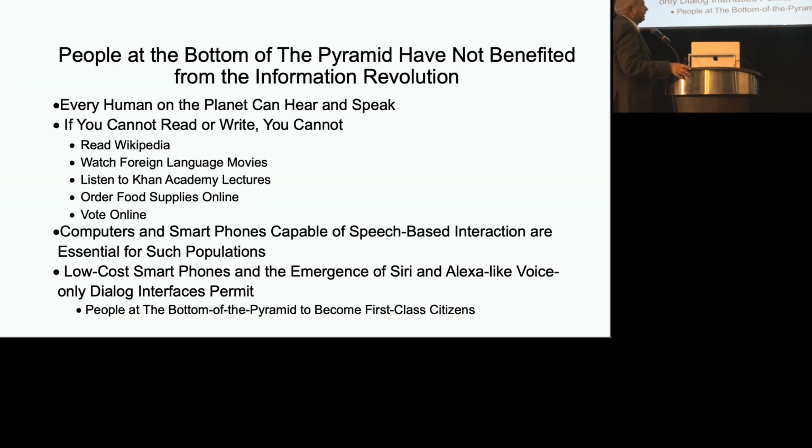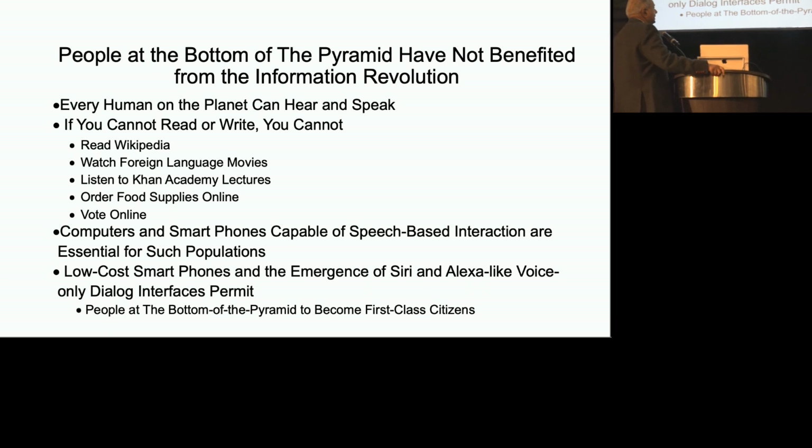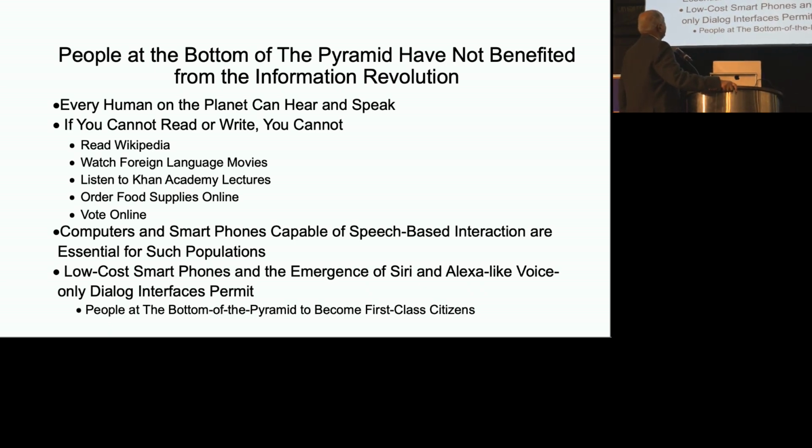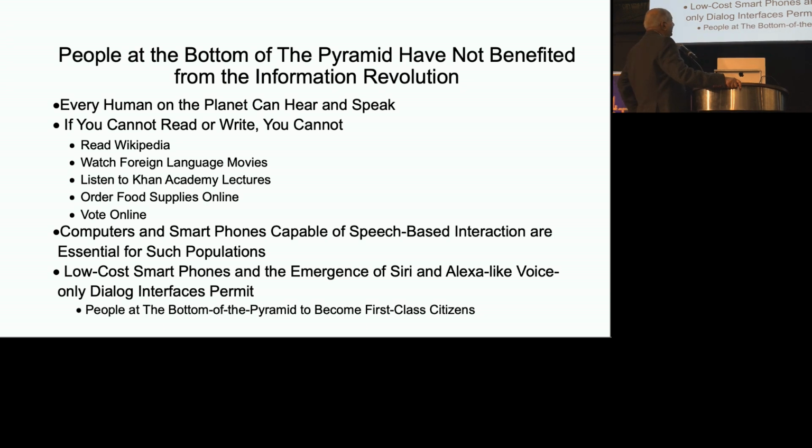The interesting thing about the human race is everyone can hear and speak, but they may not be able to read or write. If you cannot read or write today, then there are a lot of things that even an illiterate person might benefit from that they can't do.